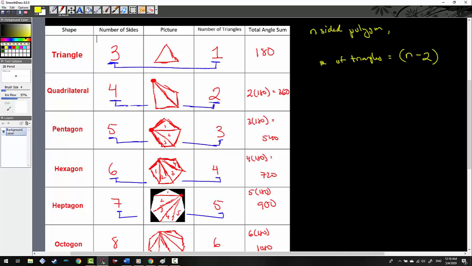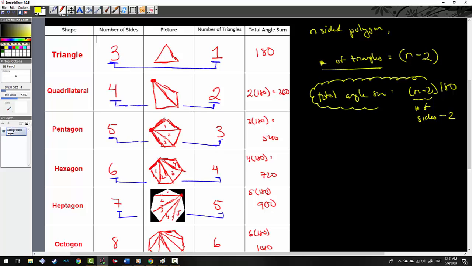And what we do to find the total angle sum is we take that n minus 2, which is the number of sides minus 2, which is equal to the number of triangles, and we multiply that by 180. And that is the first formula that I need you to understand: the total angle sum of any polygon is the number of sides minus 2, times 180.